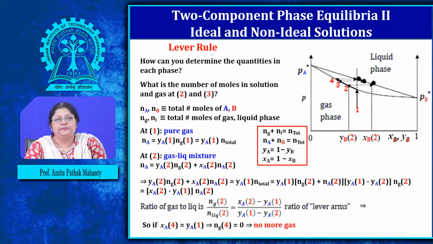Ma'am, I'm not getting how XA2 and Na2 come, like from where it comes. It is coming because you are hitting this line. So corresponding to that, you will have xy.